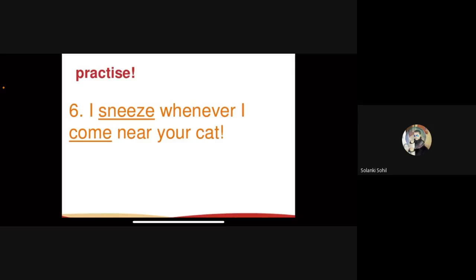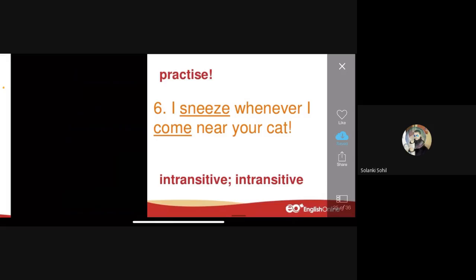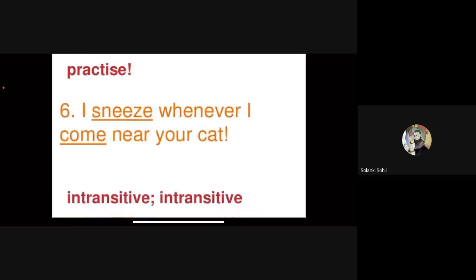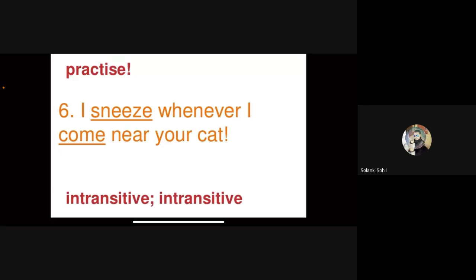Yes. Both are intransitive. Where did you make the mistake? Rajani has written correctly. I sneeze what or whom? Not given. I come what or whom? Not given. I come where? Then you get the answer. But you cannot ask the question where. It shows the place, but we don't have to ask the question where. So be careful before you give the answer.